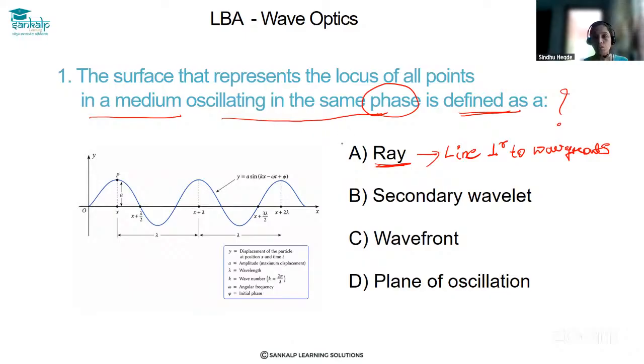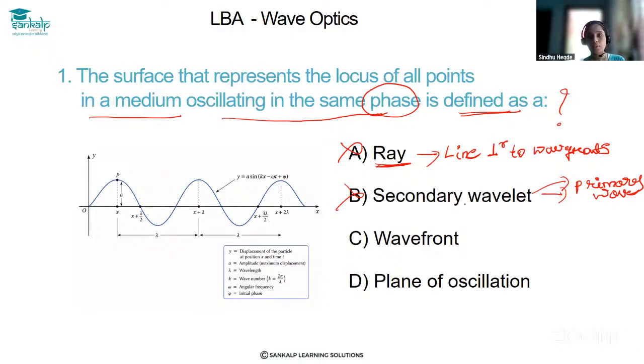So this answer does not match. Option A is wrong. Option B tells about secondary wavelet. Actually, a secondary wavelet is a small wave originating from points on a primary wavelet. So secondary wavelet is also wrong.